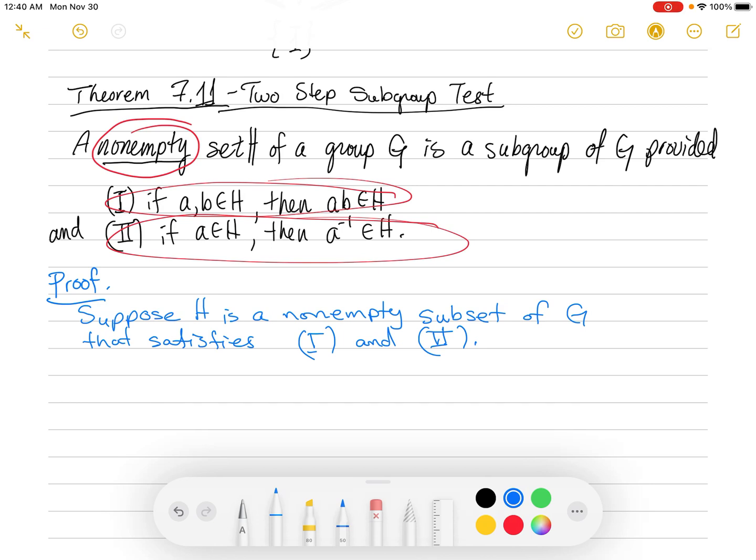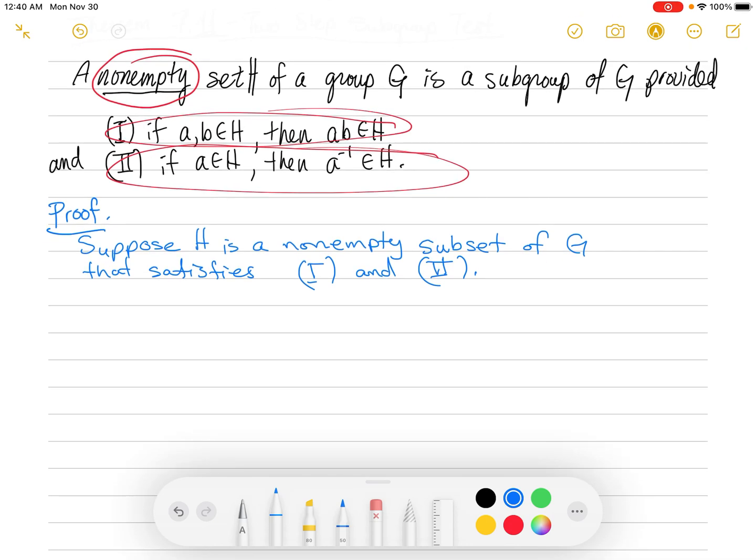In other words, closure under the star operation in the presence of inverses for every element in H.